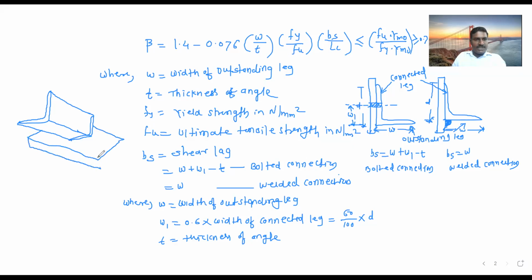This angle is connected to your gusset plate. These are the 3 bolts.